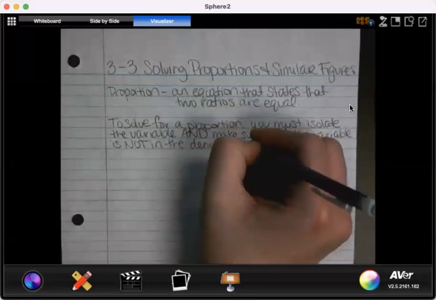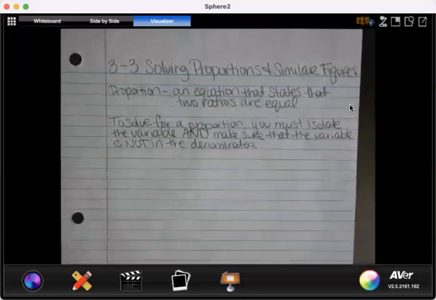So your goal when solving proportions is to isolate the variable and to make sure that the variable is not in the denominator.